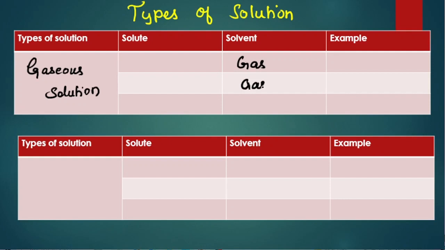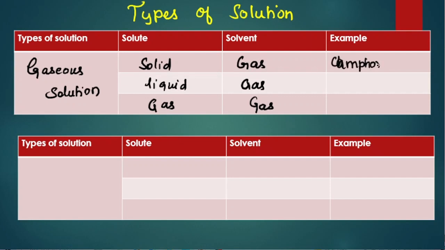But the solute can be solid, liquid or gas. Remember, in a gaseous solution your solvent is always gas, but your solute can be solid, liquid or gas. So let me give an example.